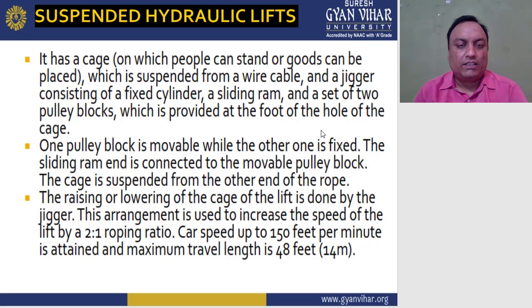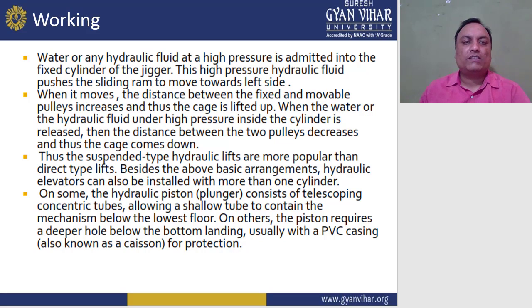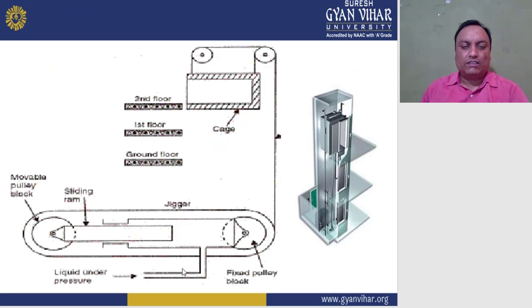And this arrangement is used to increase the speed of the lift by a 2:1 roping ratio, and car speed up to 150 feet per minute is attained, and the maximum travel length is 48 feet, or we can say 14 meters. For the working of this, water or any hydraulic fluid at high pressure is admitted into the fixed cylinder of the jigger.